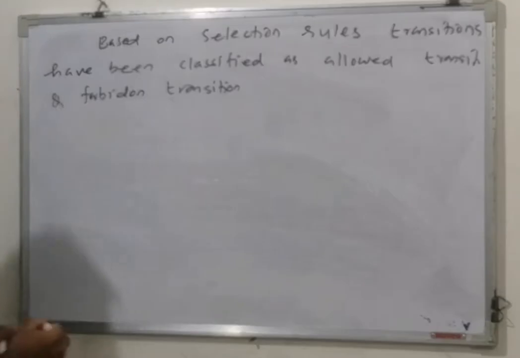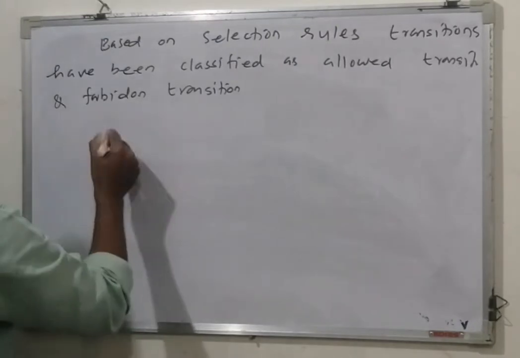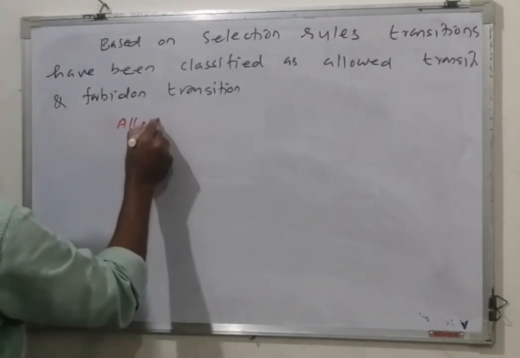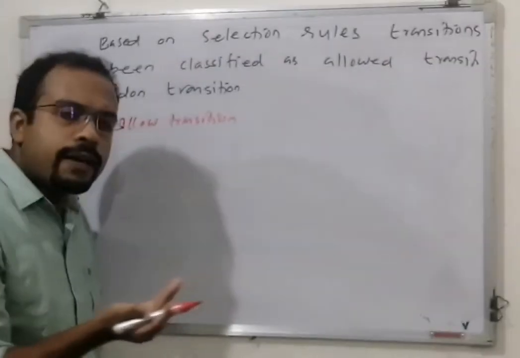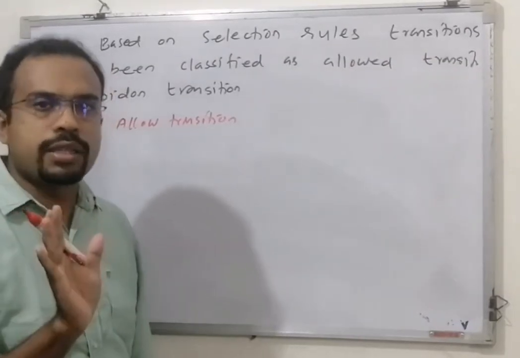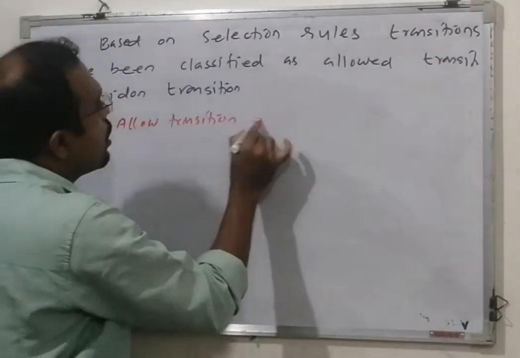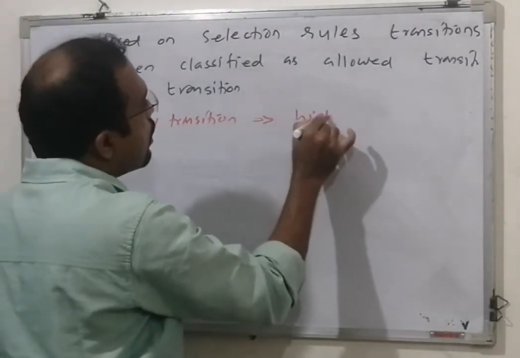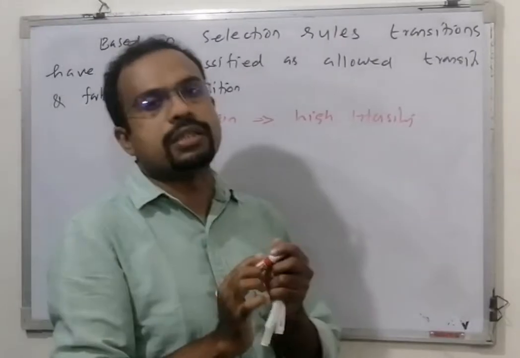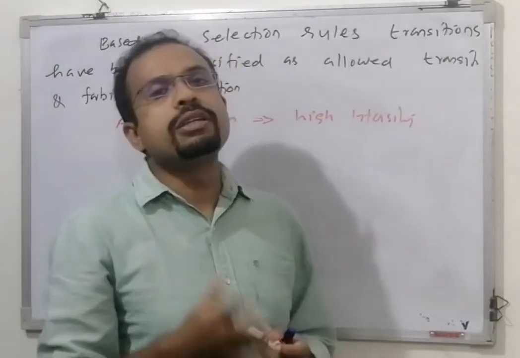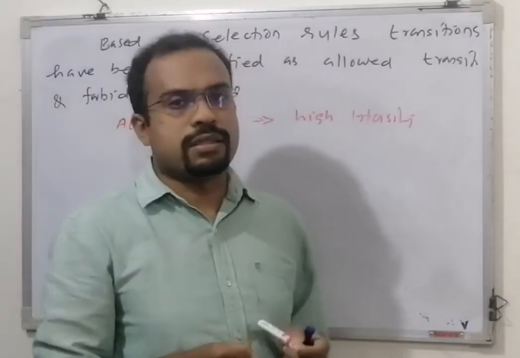Generally speaking, allowed transitions, whether absorption or emission, will be of high intensity. Suppose there is an emission from an allowed transition, the color of the emitted light will be very intense.